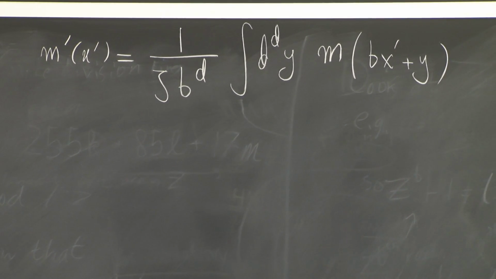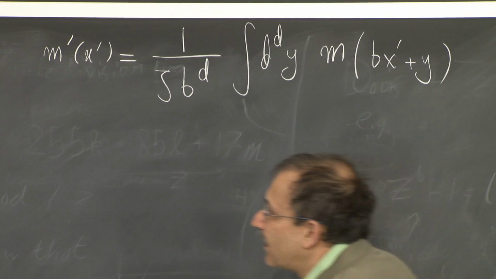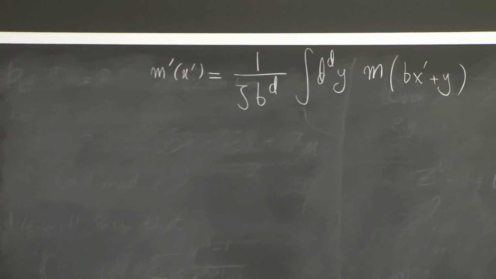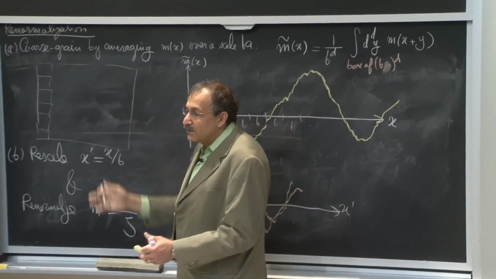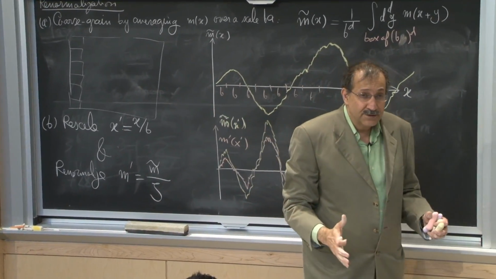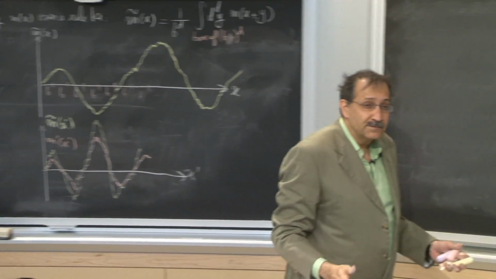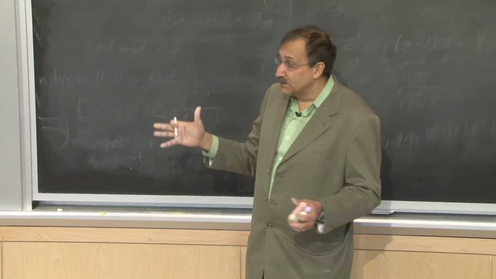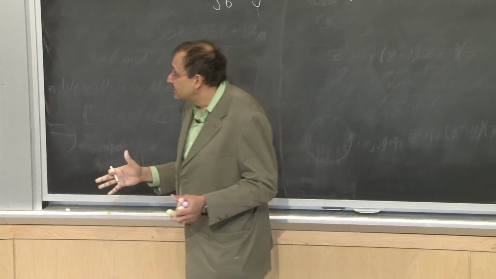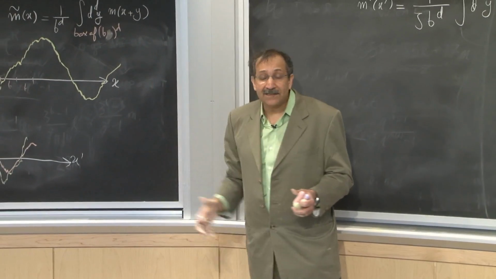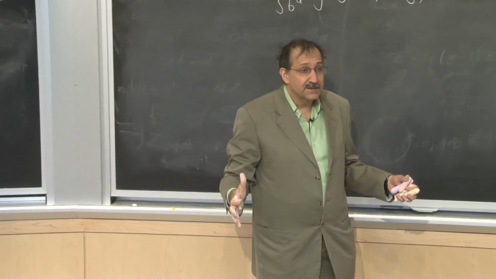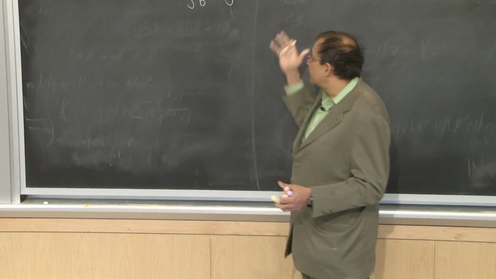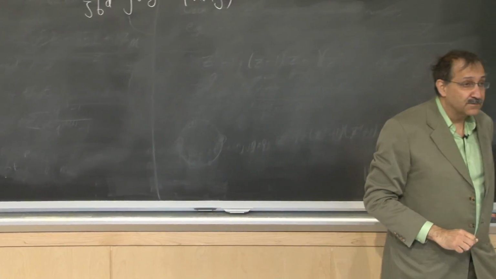So in principle, I can go and generate lots and lots of configurations of my magnetization, or lots and lots of pictures of a system close to a liquid at the liquid-gas critical point, or magnetic systems at their critical point. I can generate lots and lots of these pictures and construct this transformation.